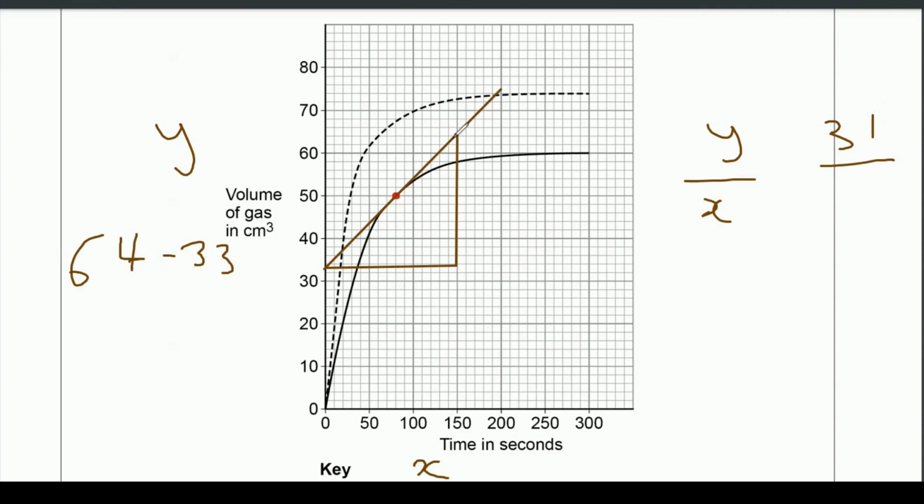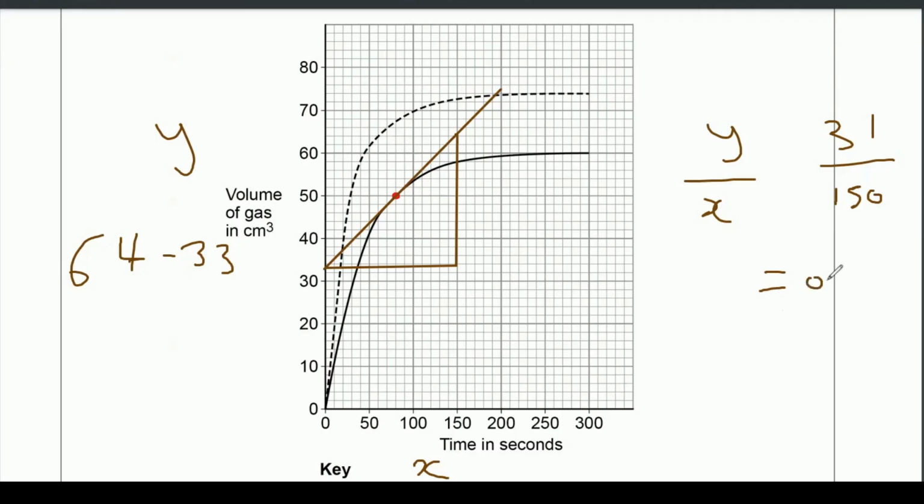And then for the x-axis going across, I've got 0 over here, and we're finishing on 150. So I am going to get the same answer as I got before. So this was just me to confirm it for you. I'm going to get a very similar answer, though it's not really the same as before.